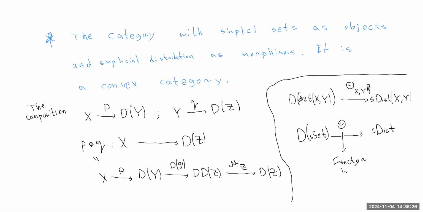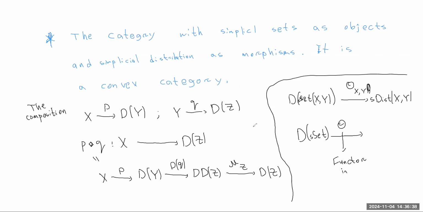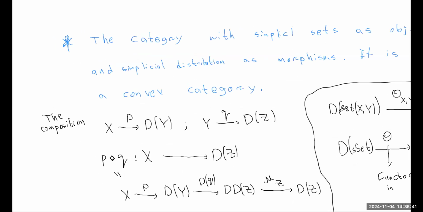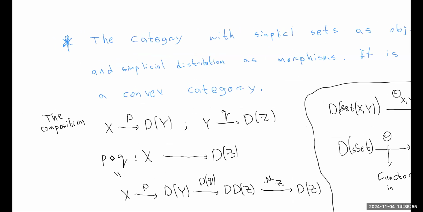From your description, I understand the target is just the Kleisli category. Yeah, exactly. So maybe we can write it like this. So this is a functor, or even a morphism in the convex categories.